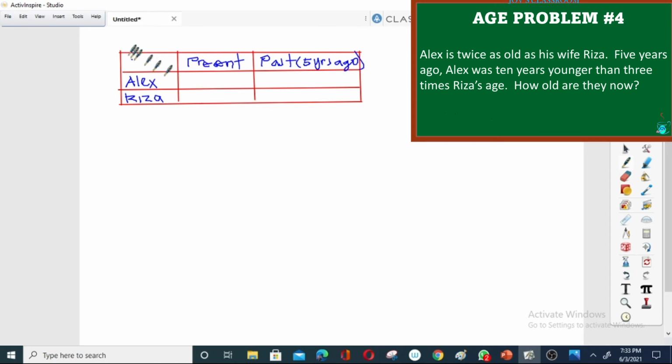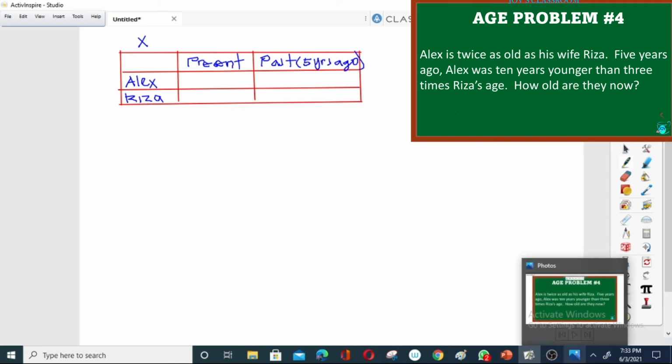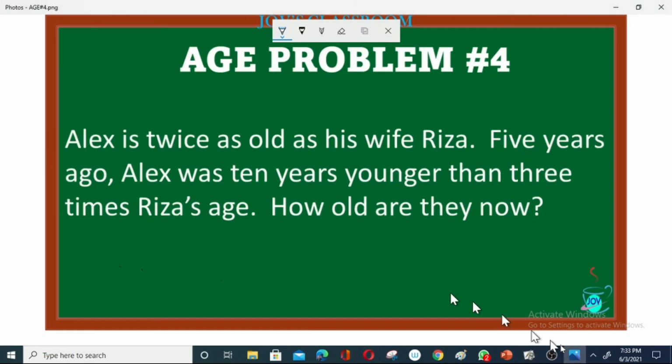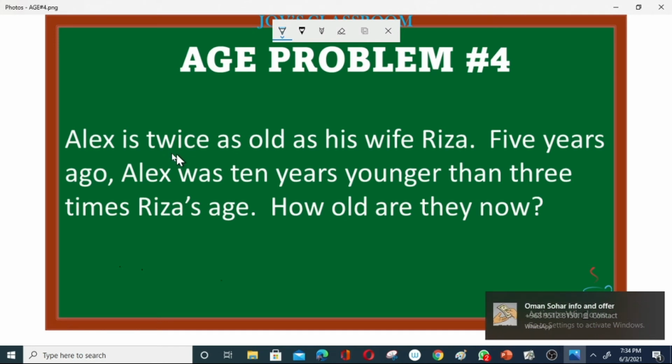So who will be the X? Again, the X is the person that is not described in the problem. Let us see. Alex is twice as old as his wife, Risa. So Alex is the one described because the description is he is twice as old. Therefore, the person not described in this problem is Risa.